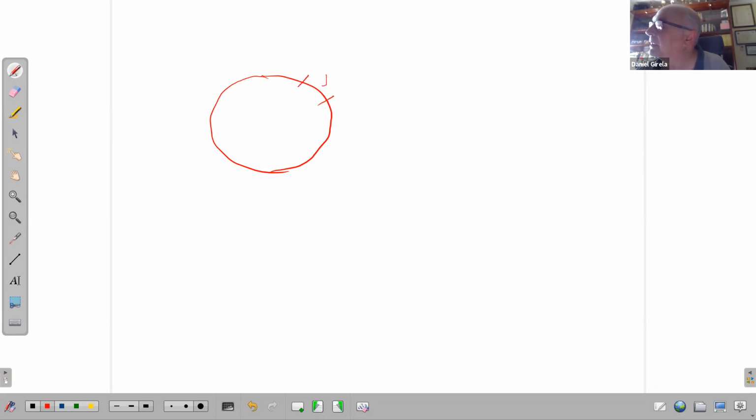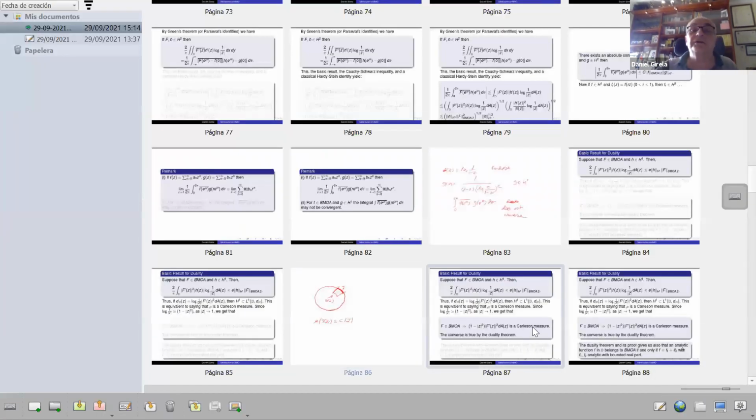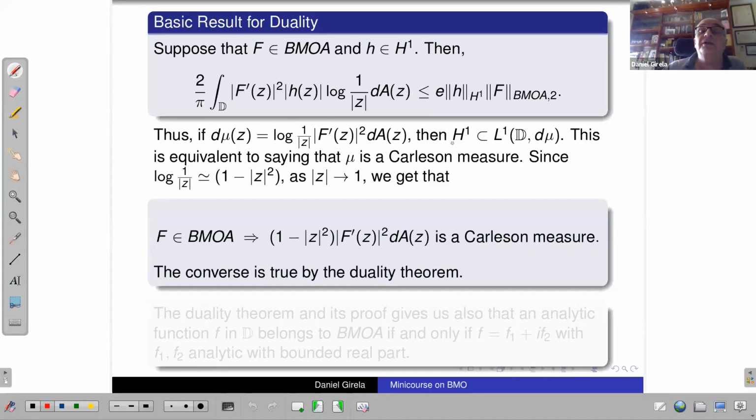You have a disk, you take any interval I, and then you take the Carleson box S(I), whose height is comparable to the length of I. A positive measure μ in the disk is a Carleson measure if μ(S(I)) is smaller than an absolute constant times the length of I, for any interval I. So, using Carleson's theorem, since f in BMO gives this inclusion, this means that this measure is a Carleson measure.